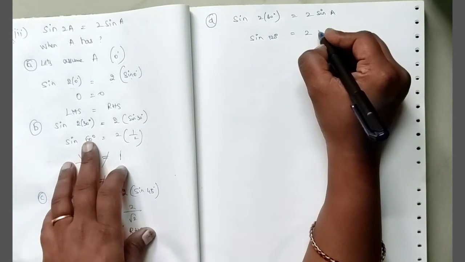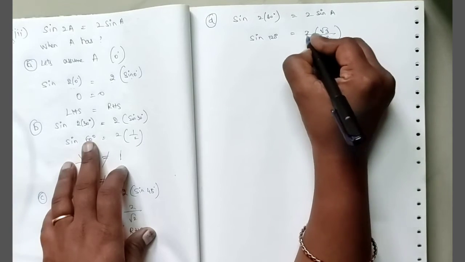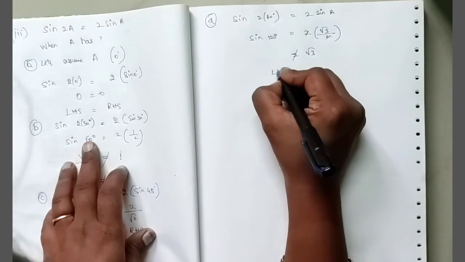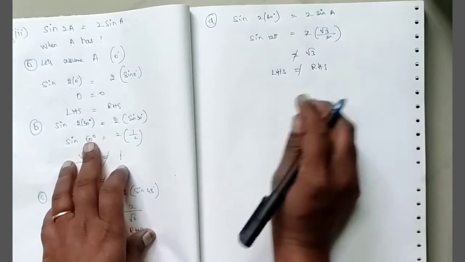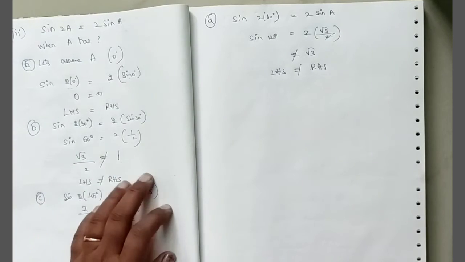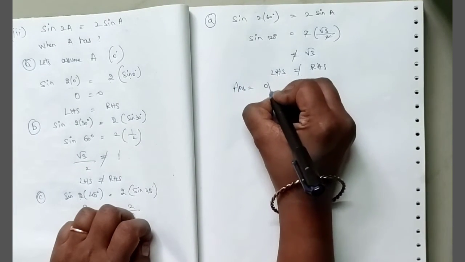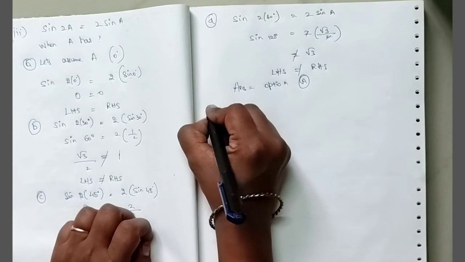What is sine 60? Root 3 by 2. So 2 and 2 will get cancelled, which is equal to root 3. Not equal. LHS is not equal to RHS. So the third option is also not valid. So option A is the correct answer. This is how we have to derive. We'll go to the fourth one.